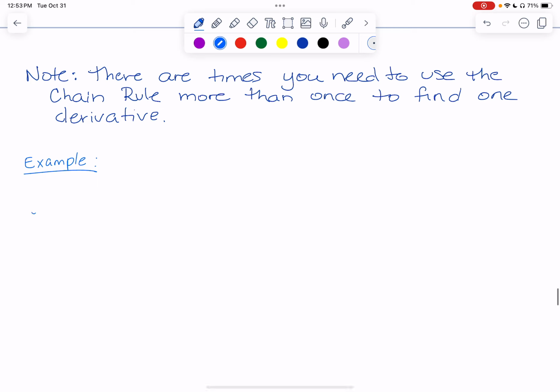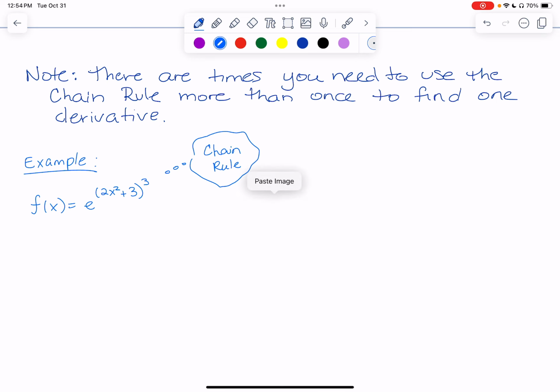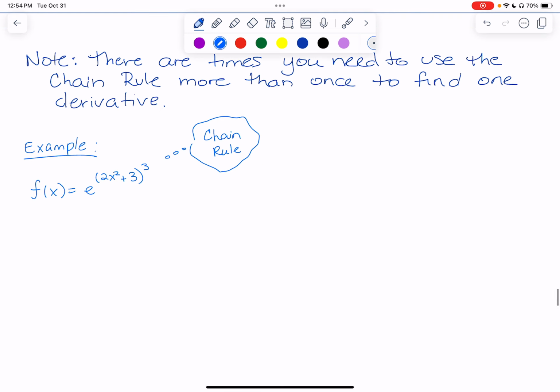So let's say I have an f of x, which is equal to e to the 2x squared plus 3, all of that cubed. I have a lot going on here, but I'm immediately thinking about the chain rule, right? I'm seeing inner functions. I'm not seeing any multiplication or division here, so I'm not thinking product rule or quotient rule.